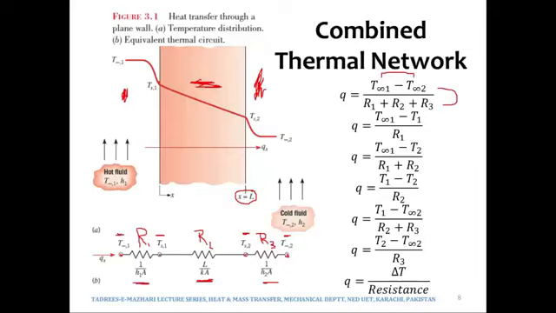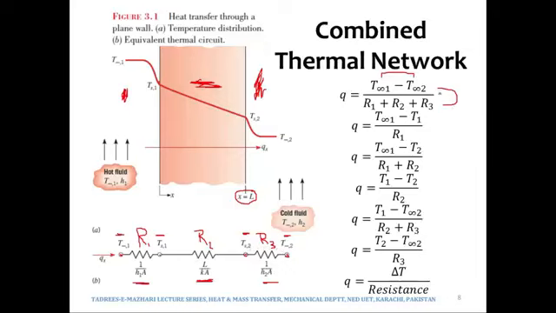If we write the temperature difference as T1 minus T infinity 2, then in between these two we have got R2 and R3. So the denominator will be written as R2 plus R3. And if we write the numerator as TS2 or T2 minus T infinity 2, then in between these two temperatures we only have R3. So therefore only R3 will be written in the denominator.